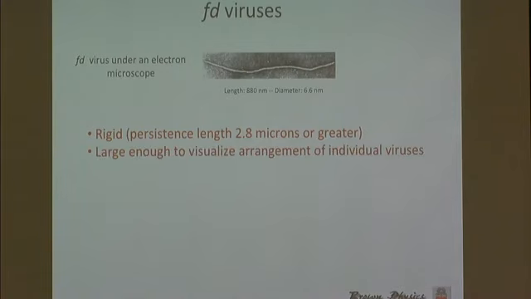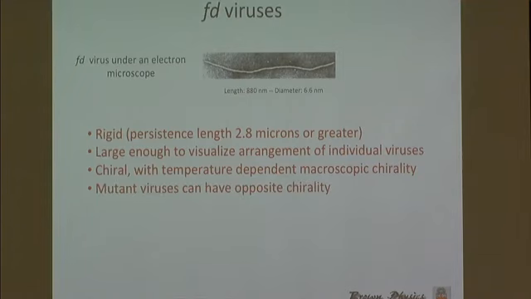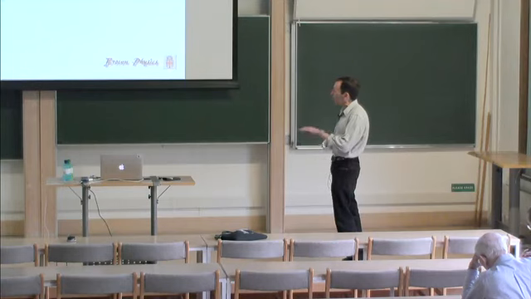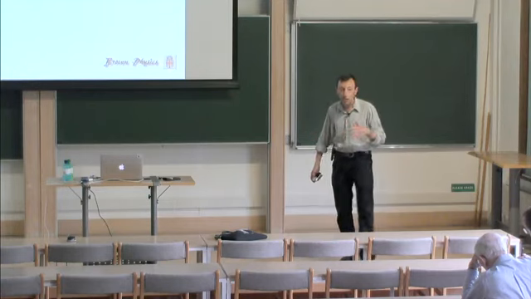As I mentioned, they're large enough that you can visualize individual viruses while at the same time looking at the aggregate behavior. These are also chiral objects, and you can actually control the chiral interactions, the macroscopic chirality, via temperature. At the same time, you can genetically mutate them and create FD viruses which have opposite chirality.